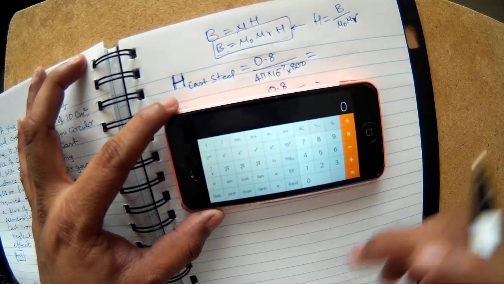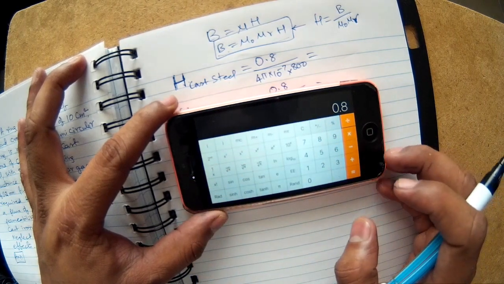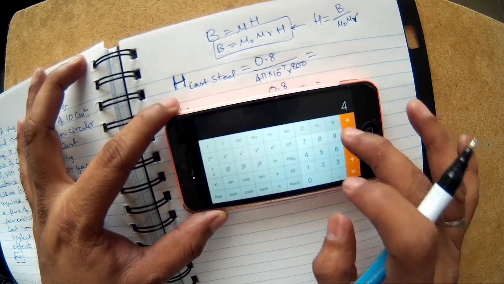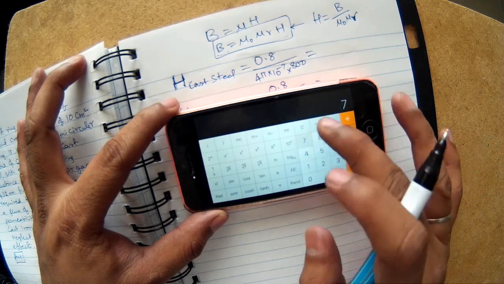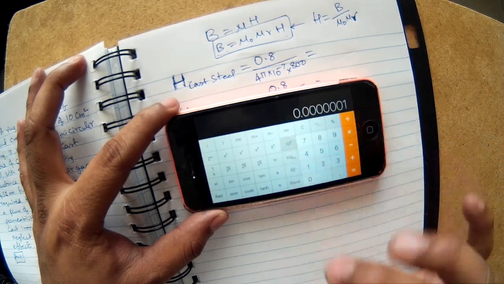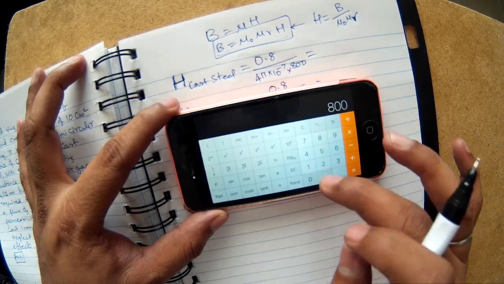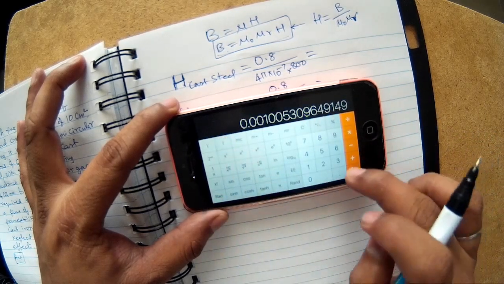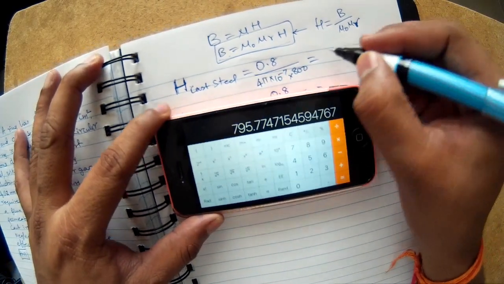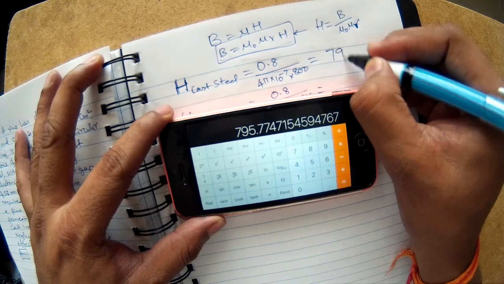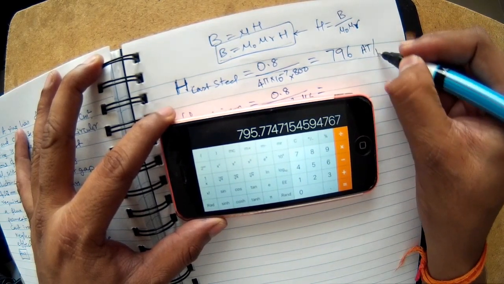So for the first one I'm doing 0.8 divided by 4 into pi into 10 to the power of minus 7 into 800, then close brackets, is equal to 795.77. So I'll approximate to 796, not ampere turns, this is ampere turns per meter.